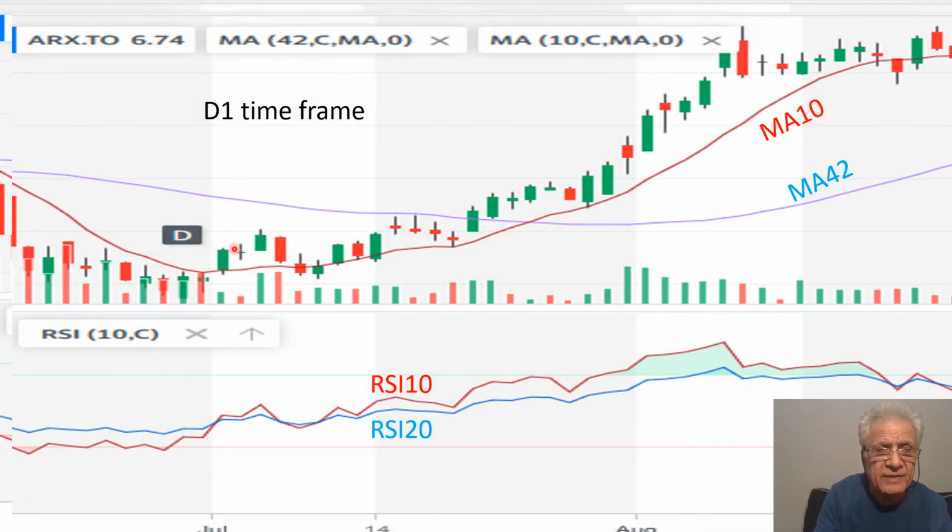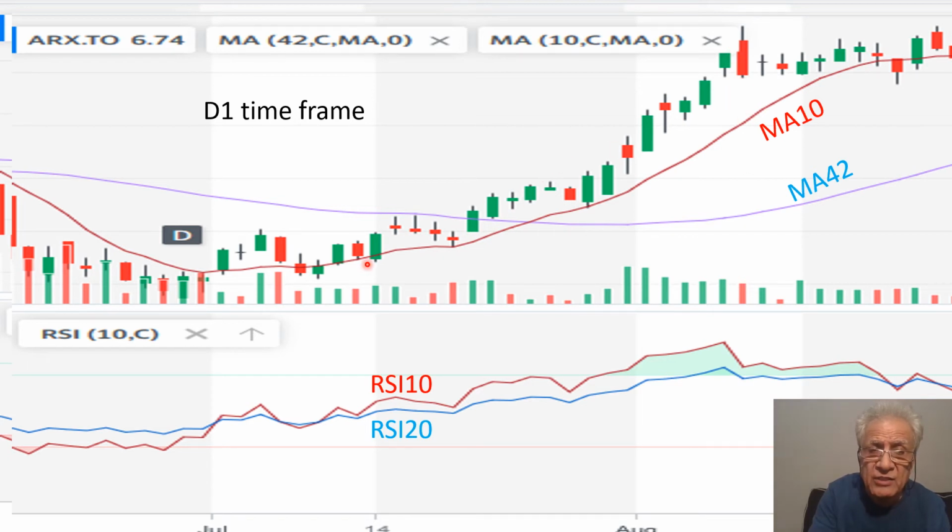This is Yahoo Finance and ARX stock, D1 time frame. Each candle represents 1 day of trading. This is a long time frame. D1 is a long time frame between July 14, which is approximately here, and August 14, which is approximately here.